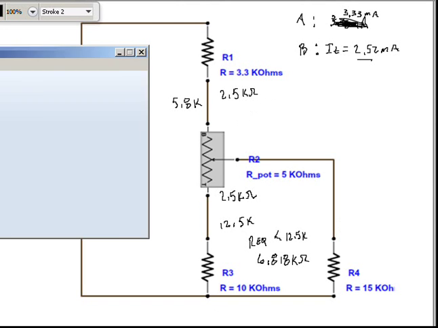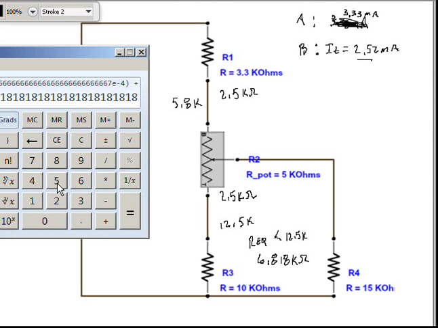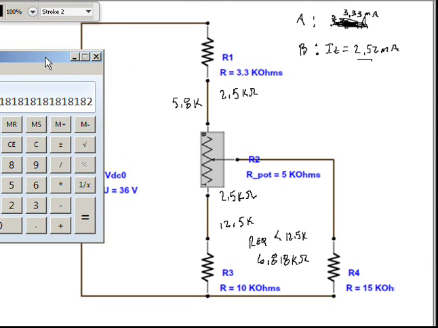Which means plus 5,800 equals 12 K ohms for a total equivalent, or total resistance.